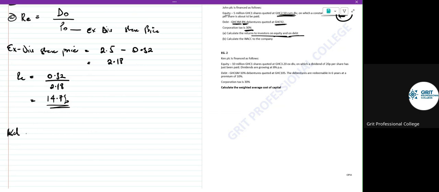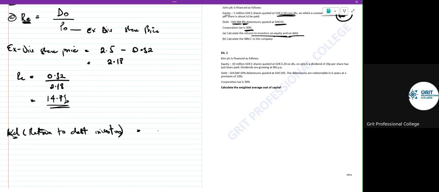So KD here is the what? The return to debt investors. So I took time to explain that when it comes to equity, this RE is the same as what? The KE. But for debt, this KD is not the same as KD(1 - T). I explained that. Okay. So we can refer to the previous lecture.